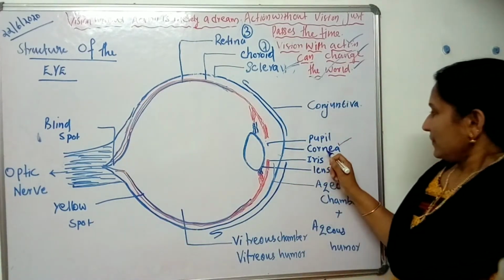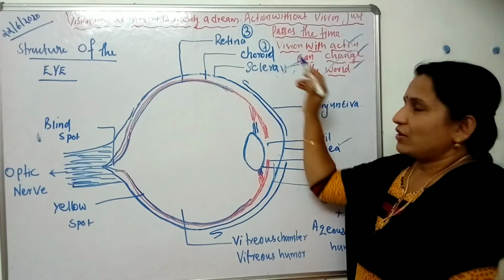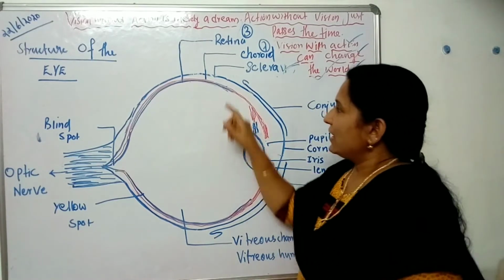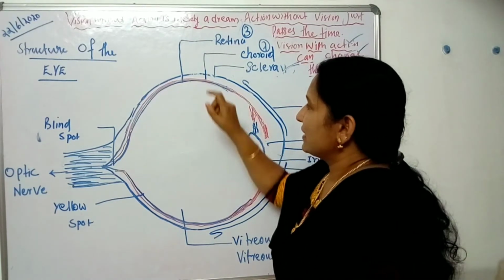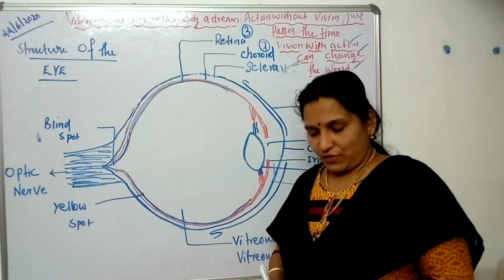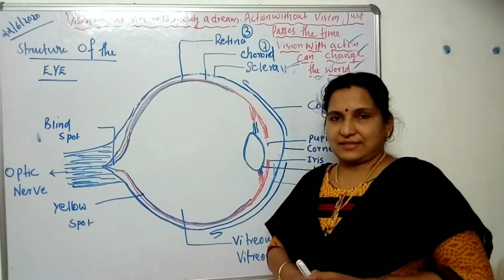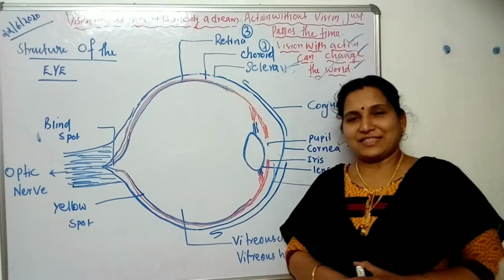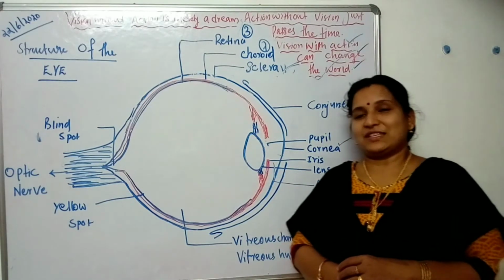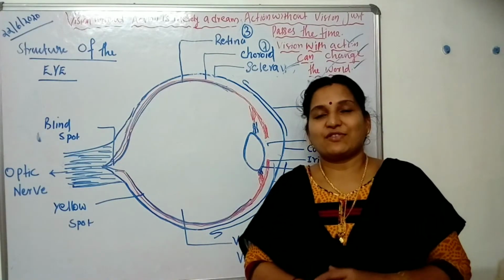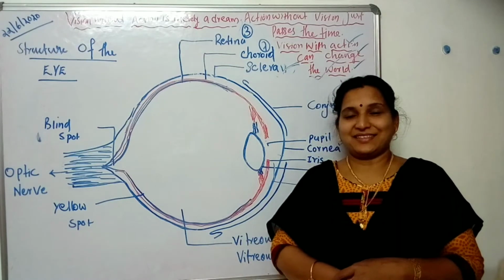Then, the second layer is the choroid. Choroid is the middle portion we can see here. It consists of many blood vessels. Since it is made up of blood vessels, what is its function? Can you guess it?